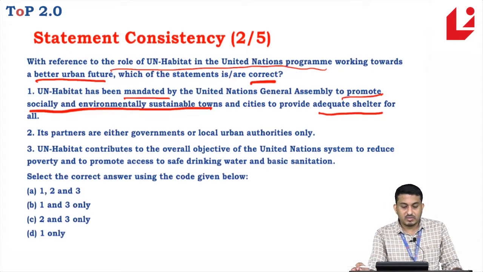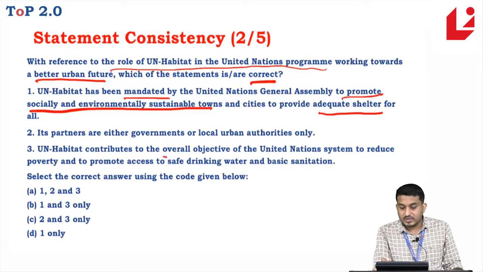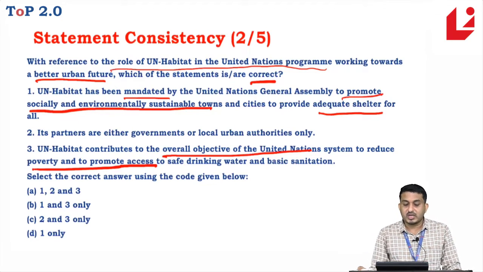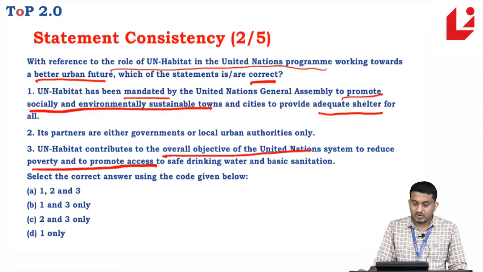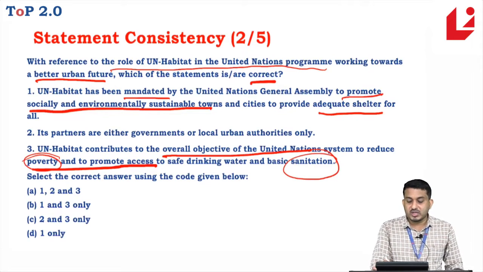Now you read the third statement. UN Habitat contributes to overall objectives of the United Nations system to reduce poverty, to promote access to safe drinking water, sanitation, etc. Statement 3 is talking about poverty, sanitation, safe drinking water. All these are part of social development.